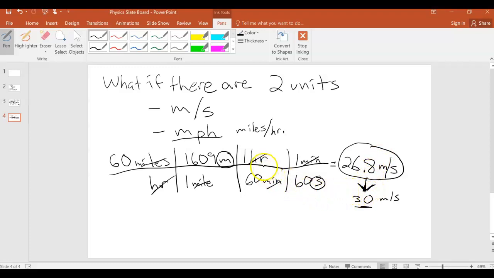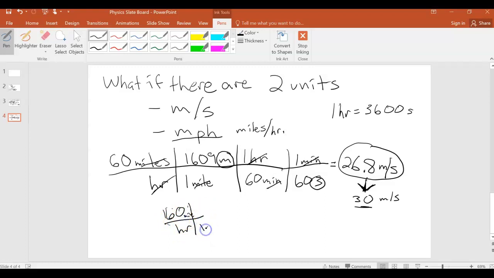One other note is another conversion you're going to want to maybe commit to memory is 1 hour equals 3,600 seconds. So instead of doing this extra step with the minutes, you could have looked at it as 60 miles per hour. That's miles.